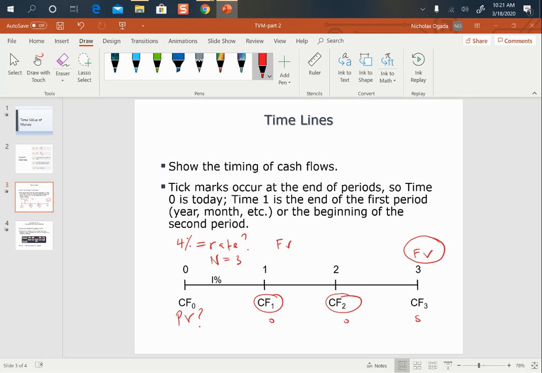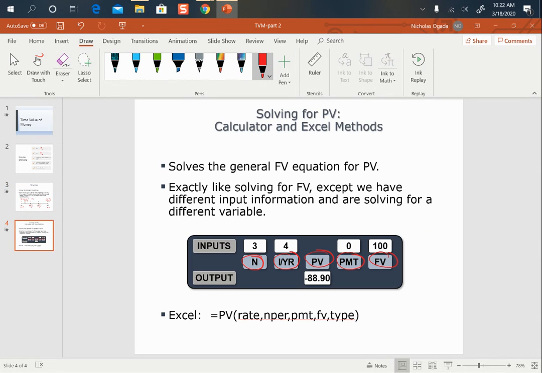So if your future value is 100, what's the value of $100 3 years from today in today's time? So how much is that $100 today? Given that your future value is 100, your payment is 0, your rate is 4%, and the number of periods is 3, then use the CPT key, depending on the type of calculator that you're using.